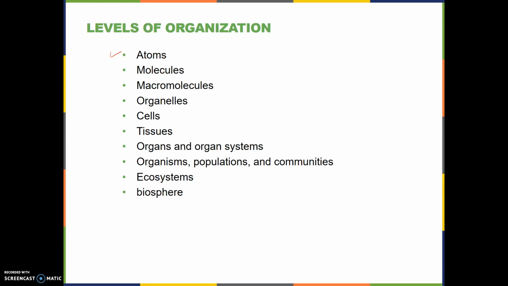So living things contain a lot of carbon atoms, hydrogen atoms, oxygen atoms, nitrogen, phosphorus, and sulfur. These are the main primary atoms, and then of course there are others, but these are the most common six atoms found in living things.